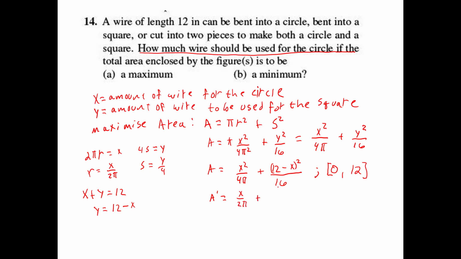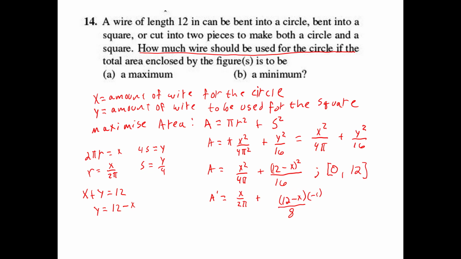Plus, for this one, this is a composition. So you bring down the exponent and you will get 12 minus x to the 1. But the 2 that you brought down will make this 16 and 8. Times the derivative of the inside. But the derivative of the inside is negative 1.